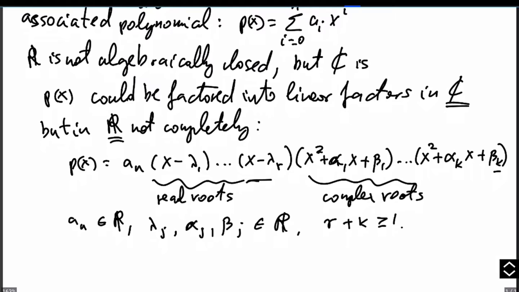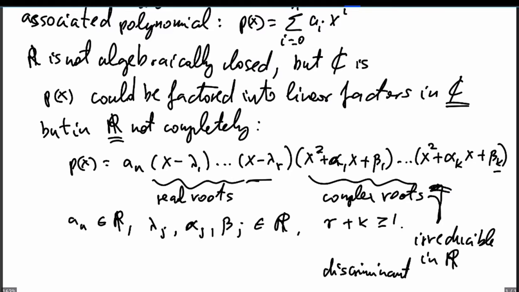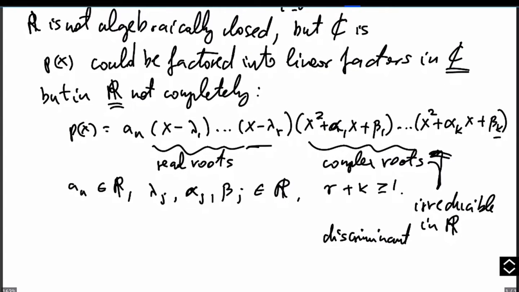And if these quadratic polynomials are irreducible, not factorable in the real numbers, that means the discriminant, as we have seen in college algebra, alpha j squared minus 4 beta j, should be negative.